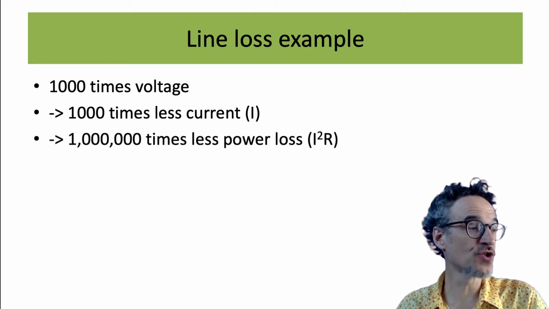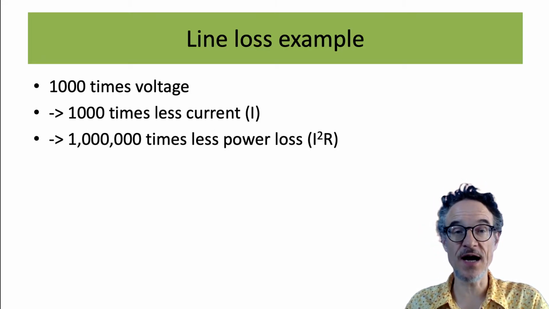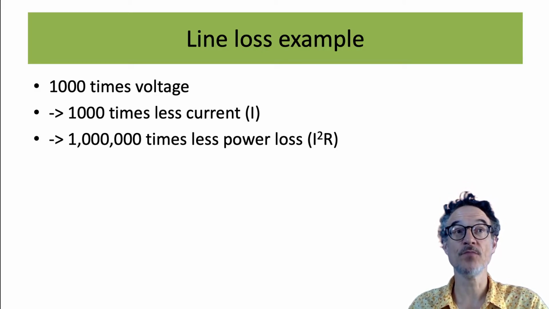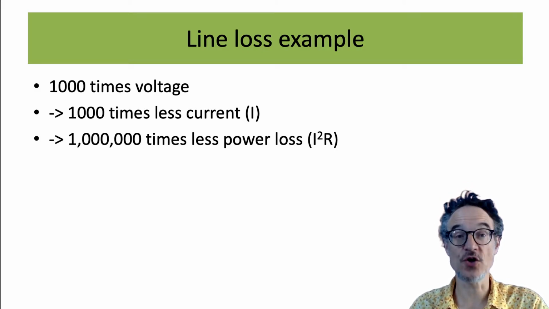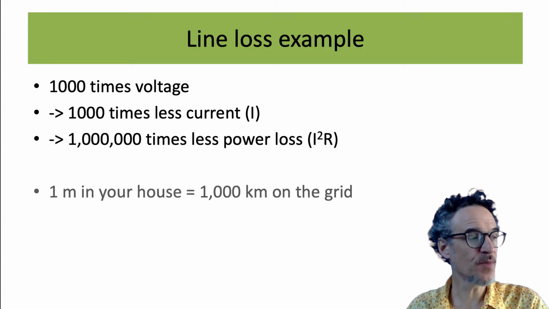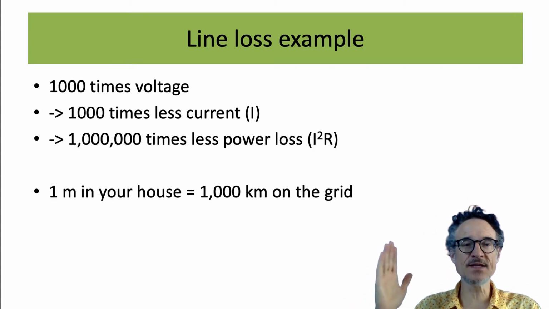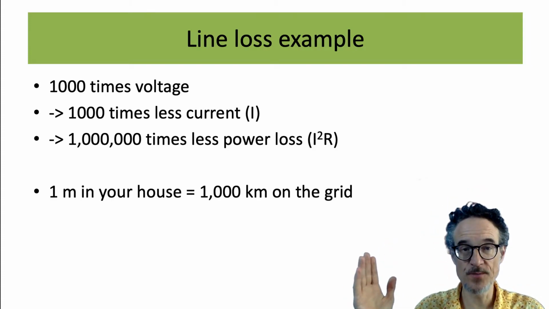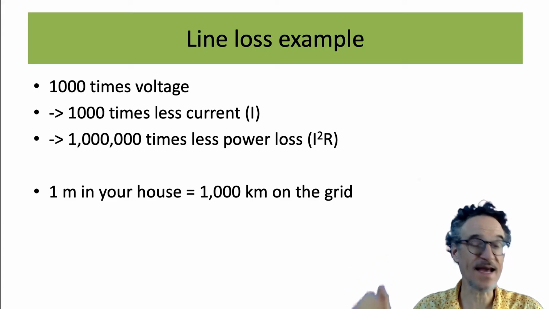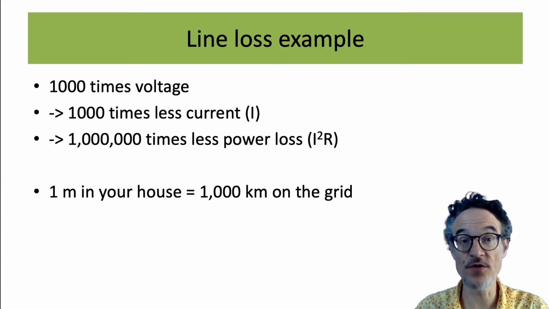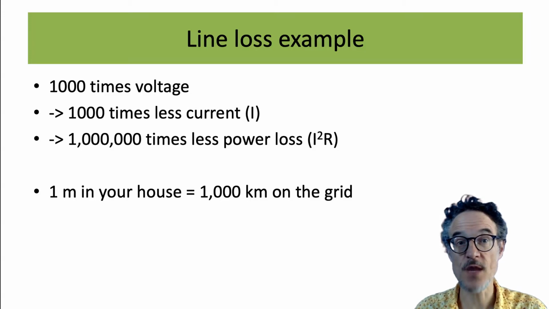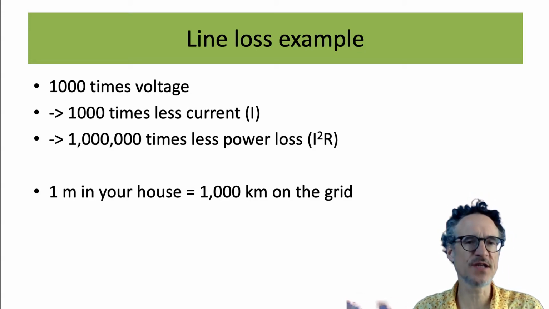And because the line losses are I squared, that means 1,000,000 times less is your line loss. So just to put this into context, 1 meter in your house is the same as 1,000 kilometers on the grid. So line losses can be quite important.